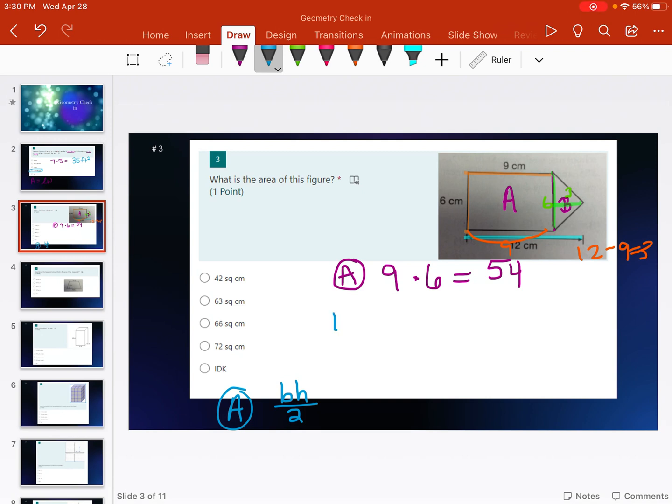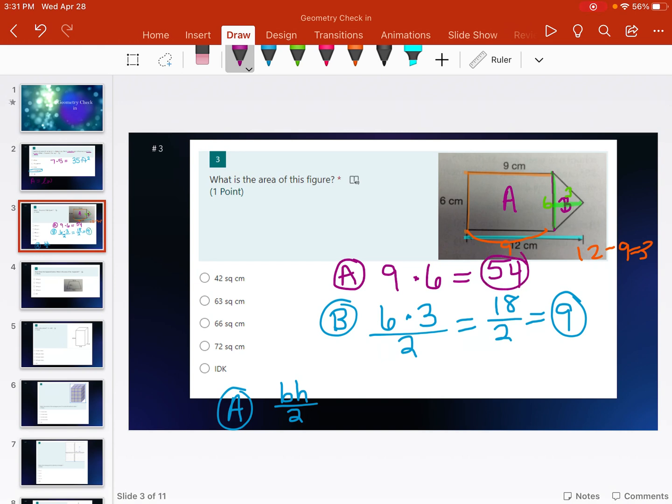So we're doing for shape B, 6 times 3 divided by 2 because it's a triangle. So 6 times 3 is 18 divided by 2 is 9. And then we are going to take those two pieces and put them back together by adding them. So 54 plus 9 is equal to 63 centimeters squared, which is right here.